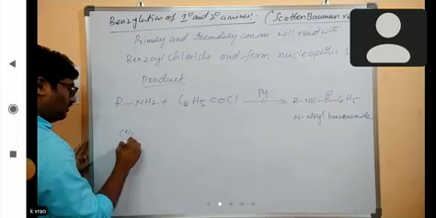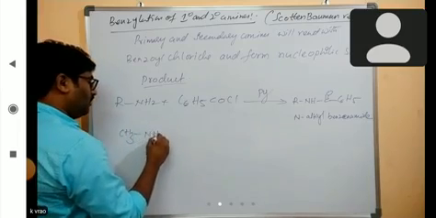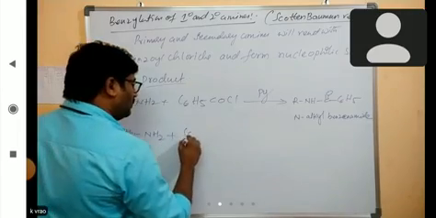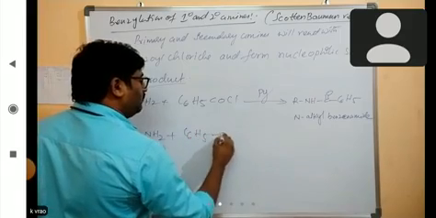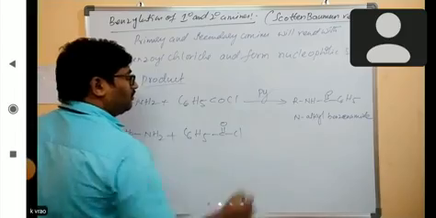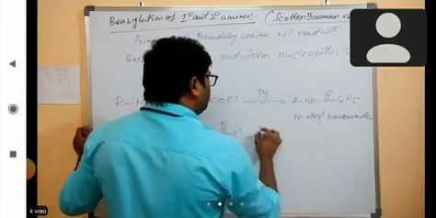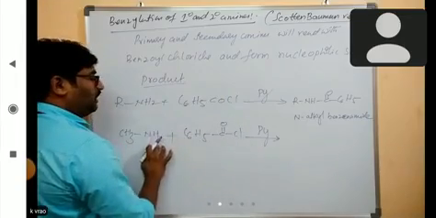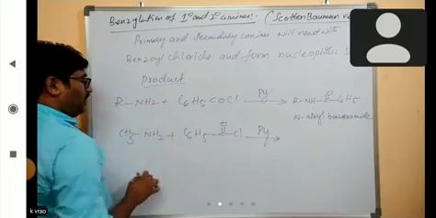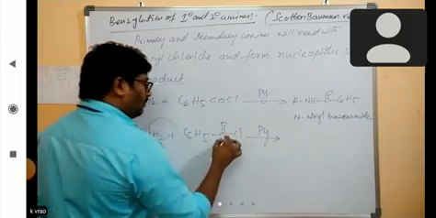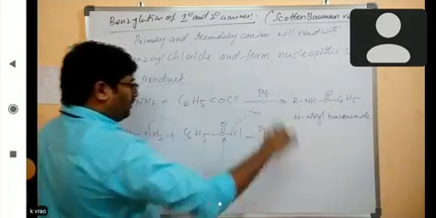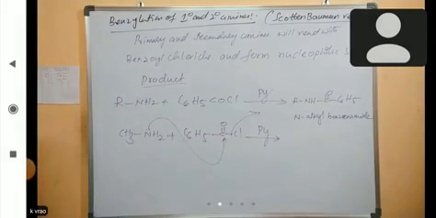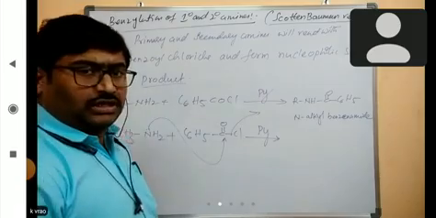So R is equal to CH3, CH3NH2 plus C6H5 C double bond O Cl in presence of pyridine. It removes HCl, meaning the lone pair present here attacks the C double bond O, and we simply leave the Cl. Is it clear to all girls?